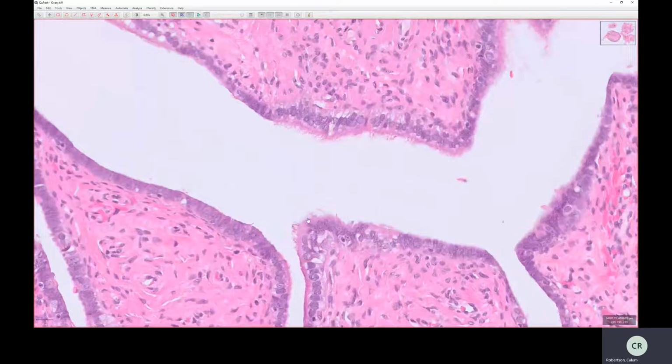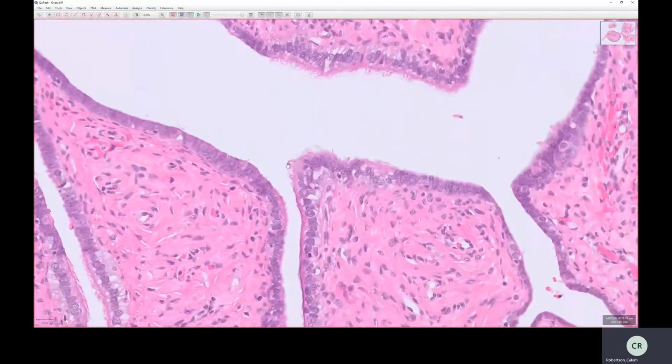It's also ciliated epithelium. You can see these cilia, and they are motile. They're not inactive. They can move and provide a beating action, which propels fluid, or indeed the egg, along towards the endometrial cavity.